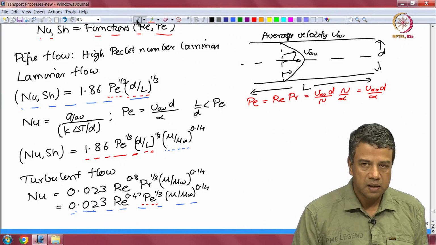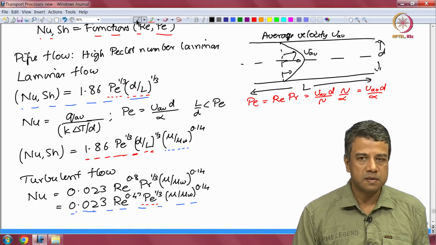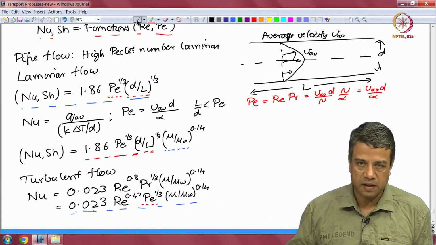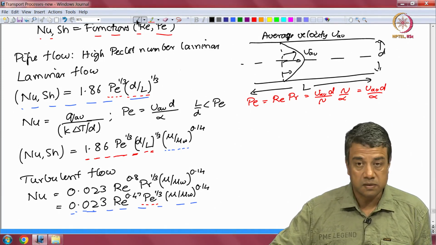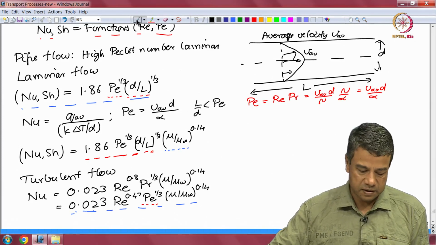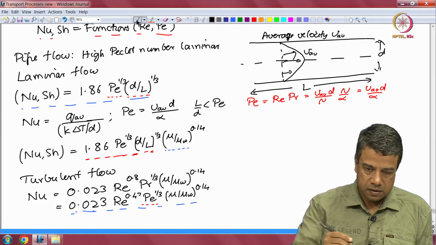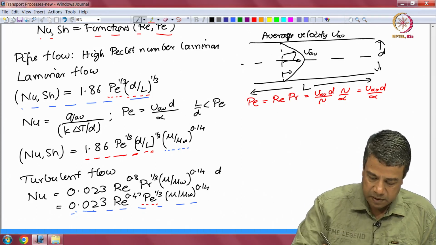And it can be written in terms of the Peclet number alone. So, from this you will get the expression for the Colburn J factor. It is only a function of the Reynolds number in this case, plus the ratio of viscosities. And sorry, I have to have a factor of d by L to the power 1/3 here as well.